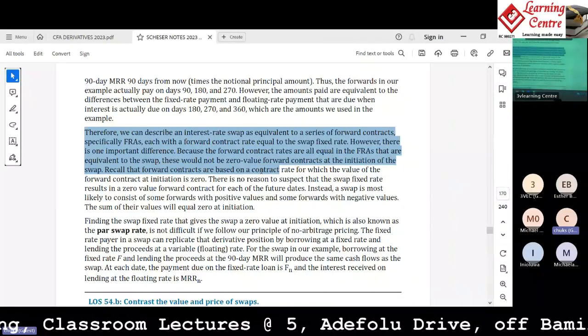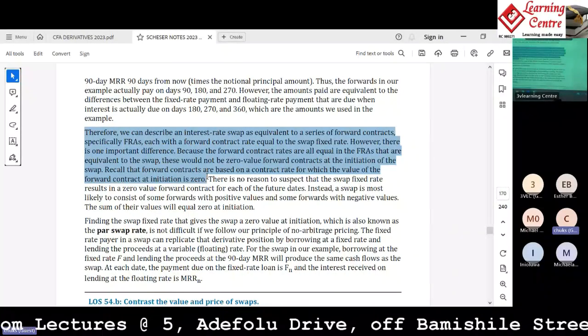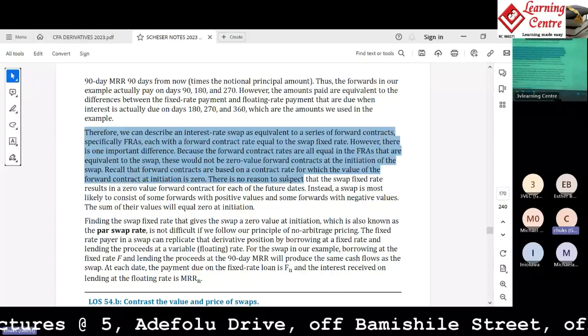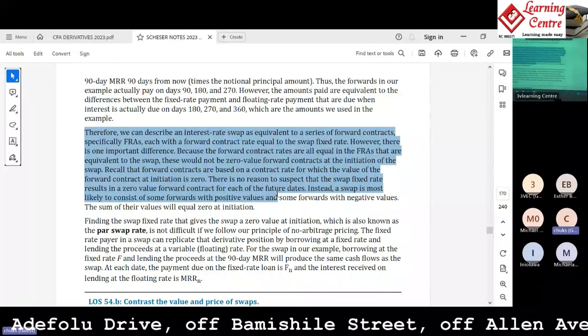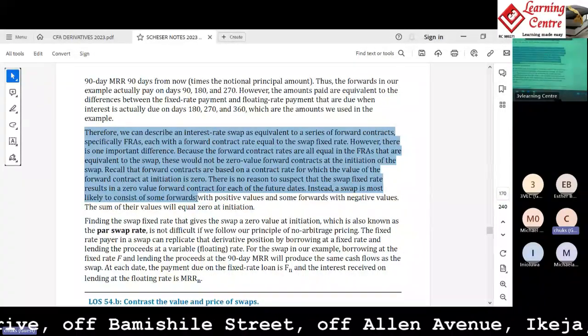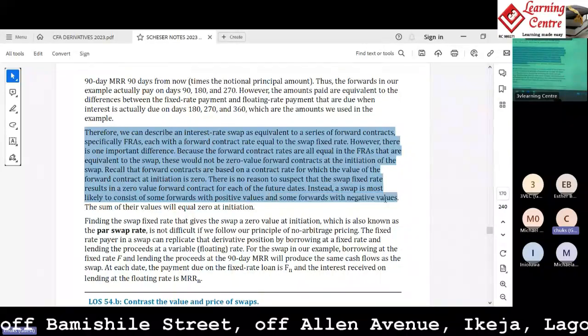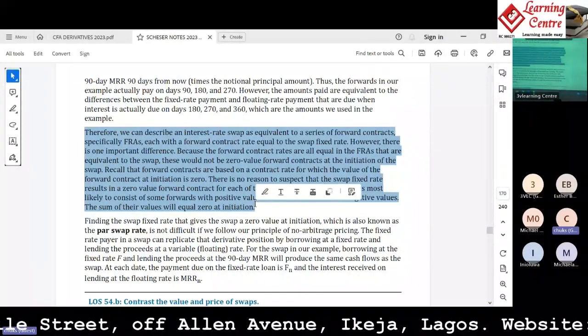Recall that forward contracts are based on a contract rate for which the value of the forward contract at initiation is zero. There is no reason to suspect that the swap fixed rate results in a zero-value forward contract for each of the future dates. Instead, the swap is most likely to consist of some forwards with positive values and some forwards with negative values. The sum of their values will equal zero at initiation.